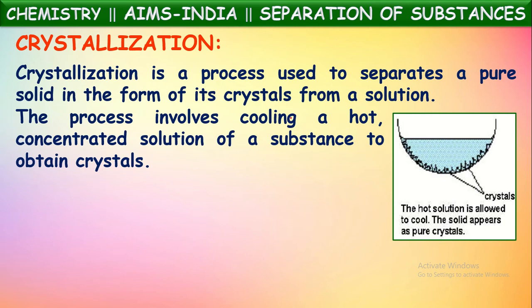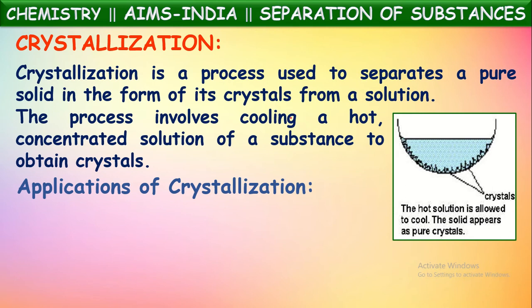The process involves cooling a hot concentrated solution of a substance to obtain crystals of the solid dissolved in it. So they take the concentrated solution of that solid in the hot condition, then it is slowly cooled. By cooling, the dissolved solid substance will crystallize, meaning it converts into solid form. Those solid crystals can be separated.